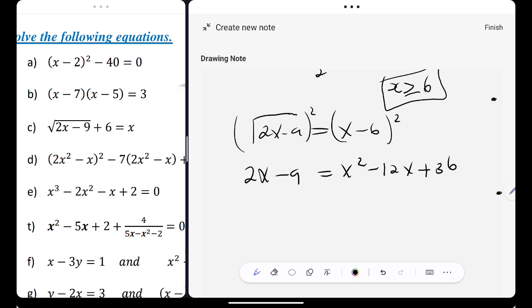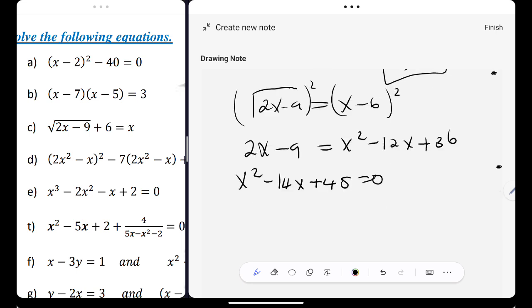Then I must put everything to the standard form. We'll have x squared minus 14x plus 45 is equal to 0. I just took these two things to the other side, né? And obviously whenever they jump the equal sign, they will change their signs.